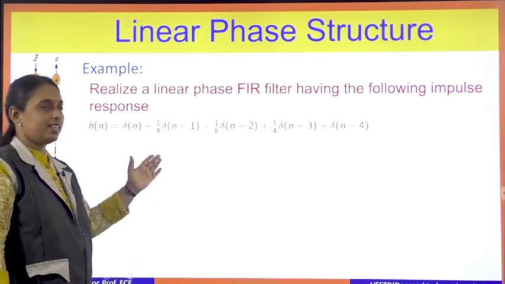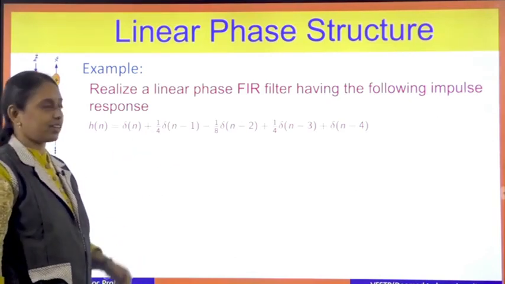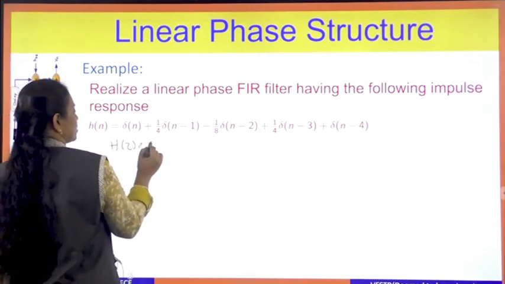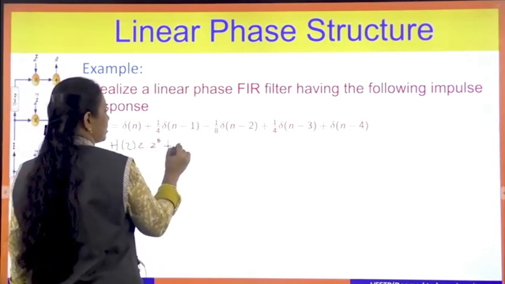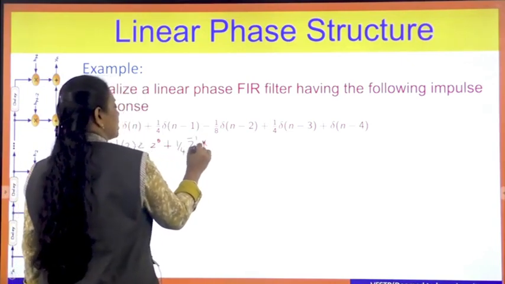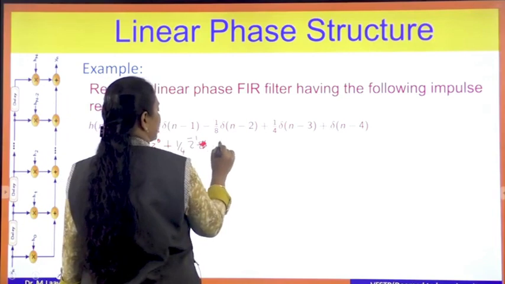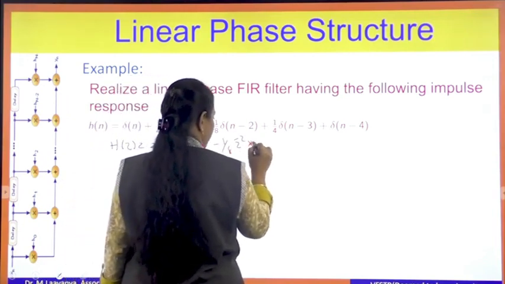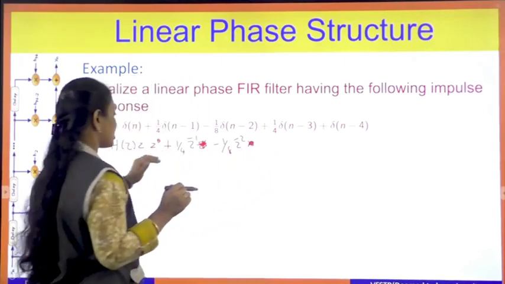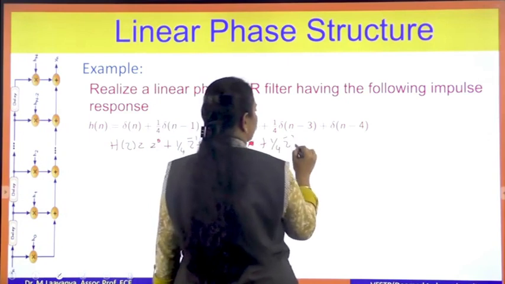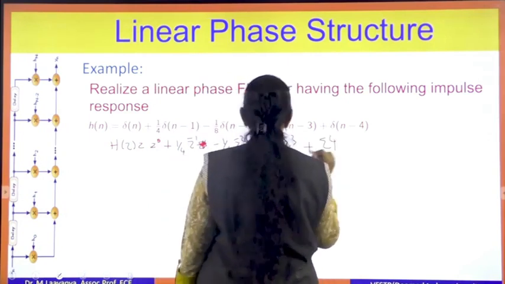Now let us see the next example for linear phase FIR filter. Let me take first what is h of z. So it is z power 0 plus half z inverse plus minus z power minus 2, into 1. I am bringing x of z, later I will write, plus 1 by 4 z power minus 3 plus z power minus 4.